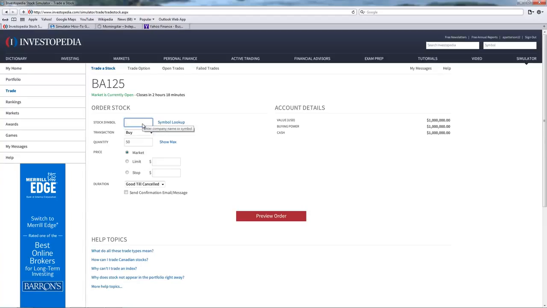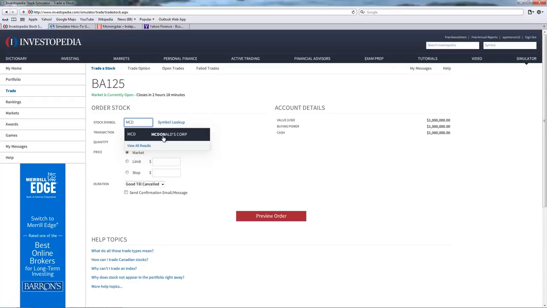Okay? Looking up a symbol, you could do a symbol lookup here and it'll pop up a new screen and you can look up companies. Or you could just populate this box here. So if I want to buy McDonald's, I have to make sure I put the stock symbol, not the company name. This is the stock symbol on the left. It's usually 3 to 4 letters.